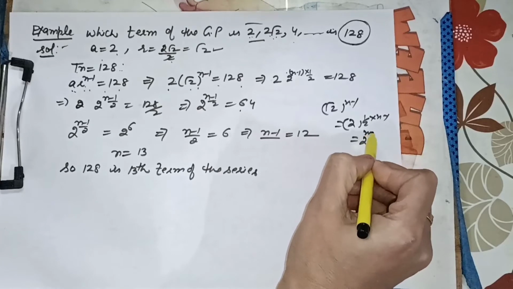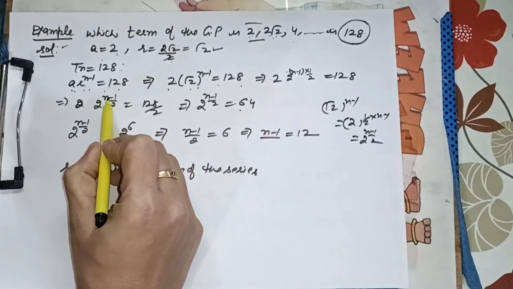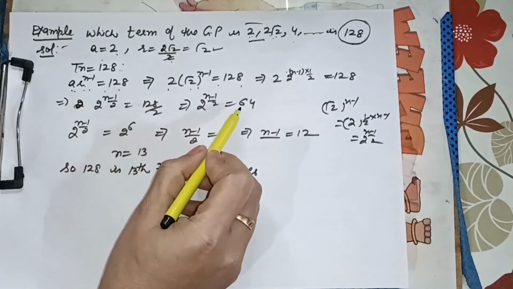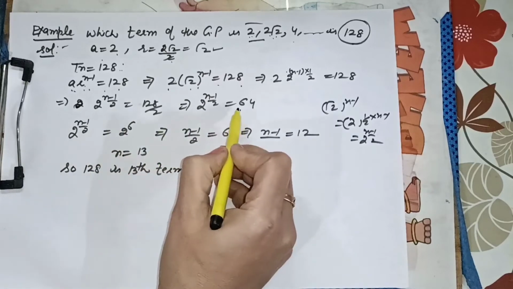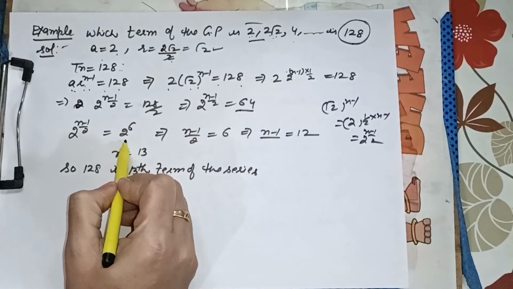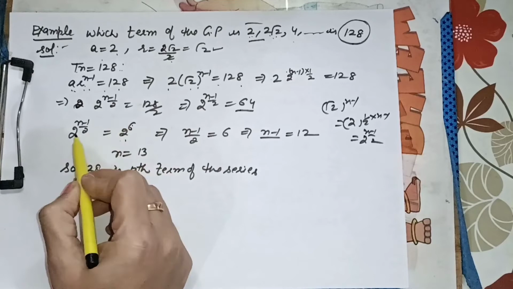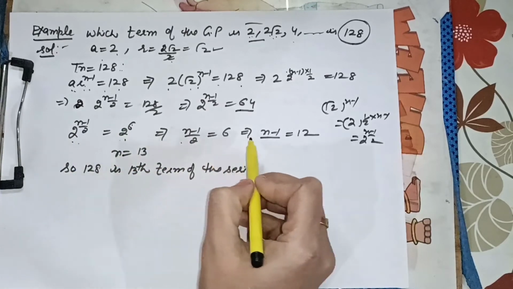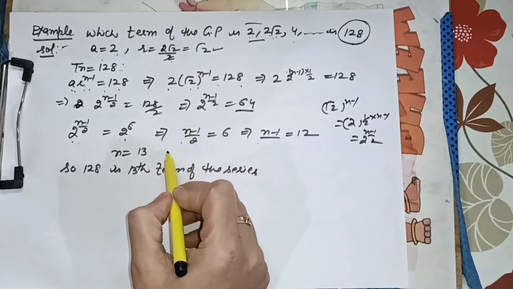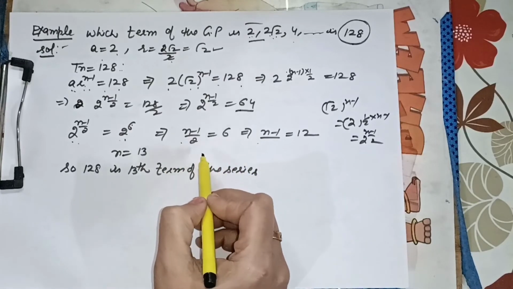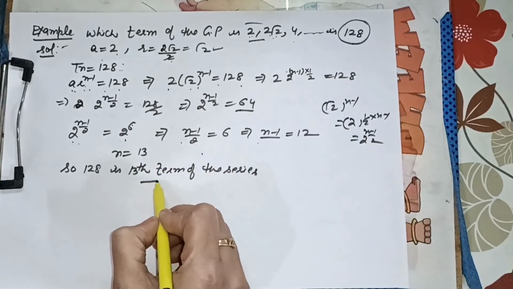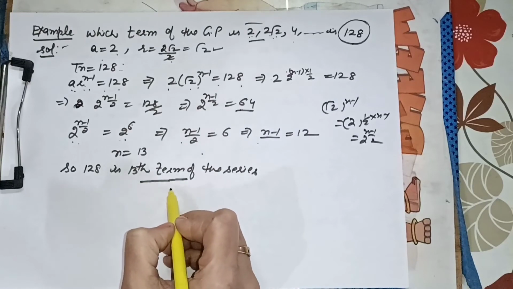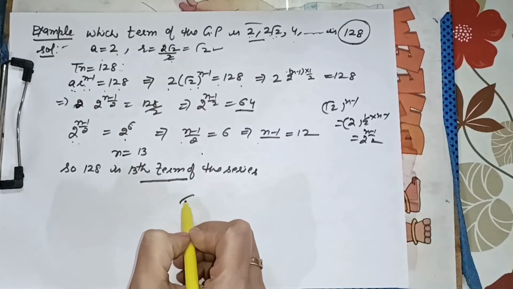So I have written 2 raised to the power n minus 1 by 2 equal to 64. 64 I can write as 2 into 2 into 2 and so on, that means 2 raised to the power 6. Again we notice that the base is the same, so the powers will be equated. After cross multiplication, I am getting n is equal to 13. So that means 128 comes in the 13th position. That means this is the 13th term of the series.